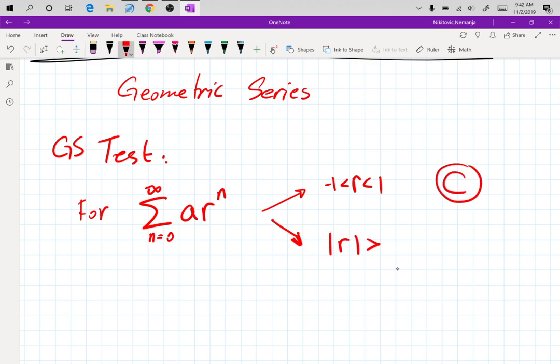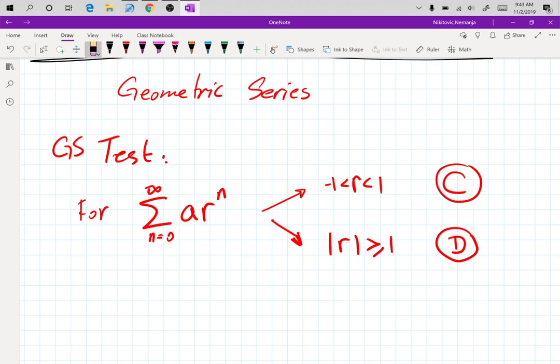If r is outside of that, we have divergence. That's it. This is what it says on your sheet. The sheet says for convergence, just the absolute value of r is less than 1. Yes, you can write it that way as well. Either way, it's easier to see if it's in between two ones, -1 and +1.